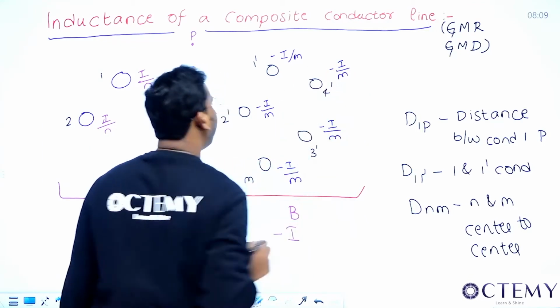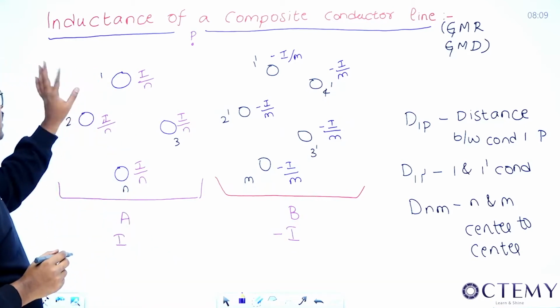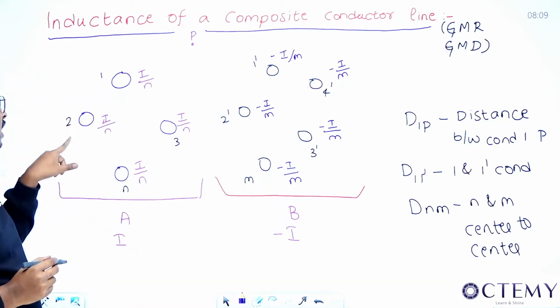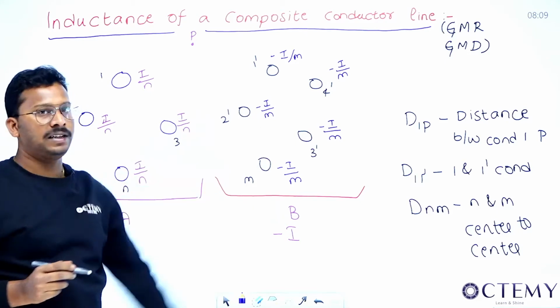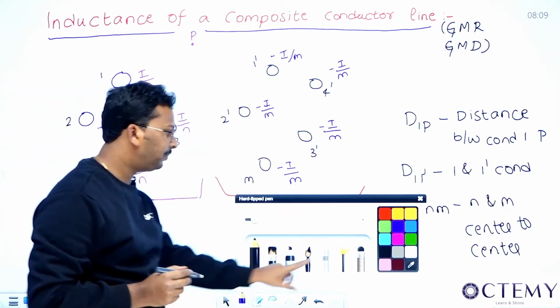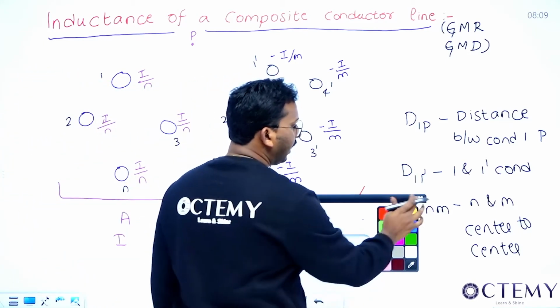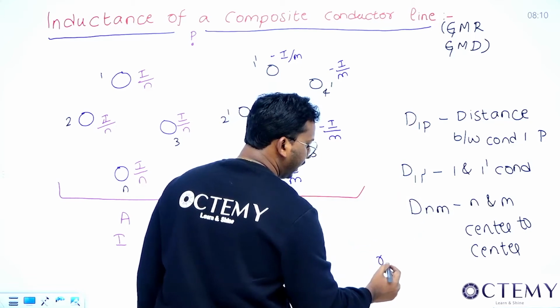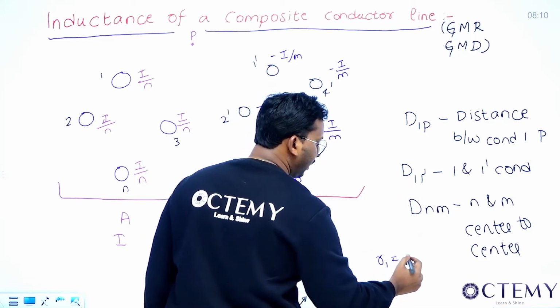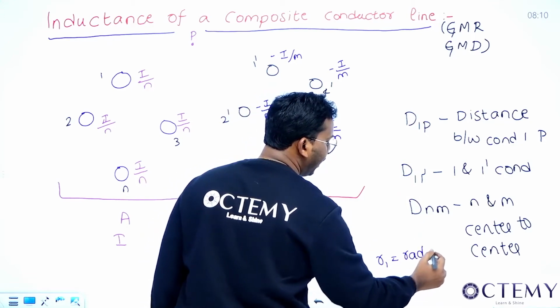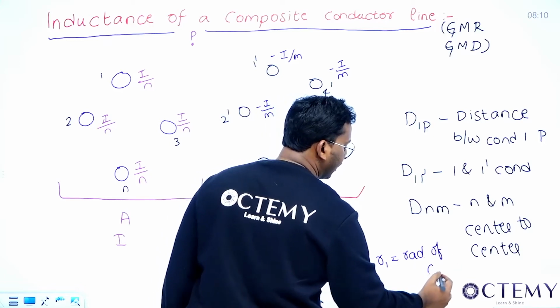Now, radius: I can take R1 radius, R2 radius, R3 radius, Rn radius, R1 dash radius. R1 is the radius of conductor 1.